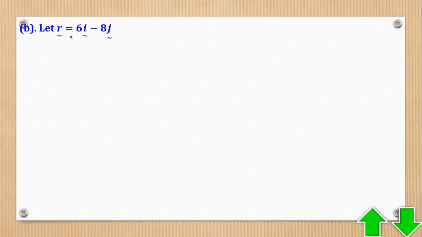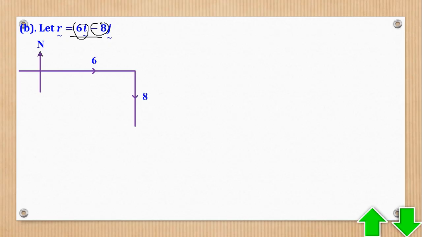Then part B, they wanted you to get the magnitude and direction of that vector. We shall do the same procedure. The horizontal component is positive, so it is to the right. But the vertical is negative. I think you see this -8, so it will be downward. Then you join a line from start to end.